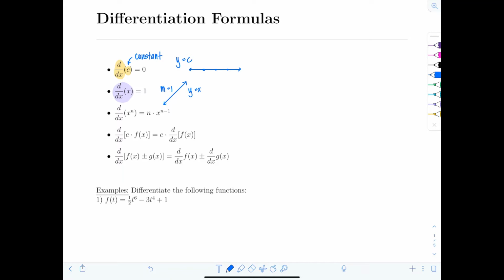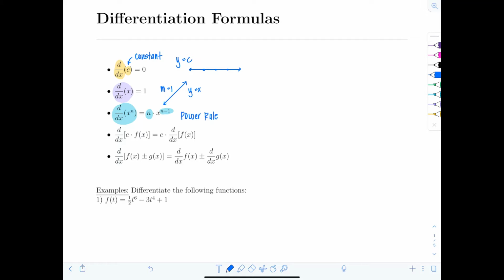More generally speaking, the third rule: if you're going to differentiate with respect to x raised to some power n, you bring down that exponent n in the front and multiply by it, and then you subtract 1 from the exponent. This we call the power rule.